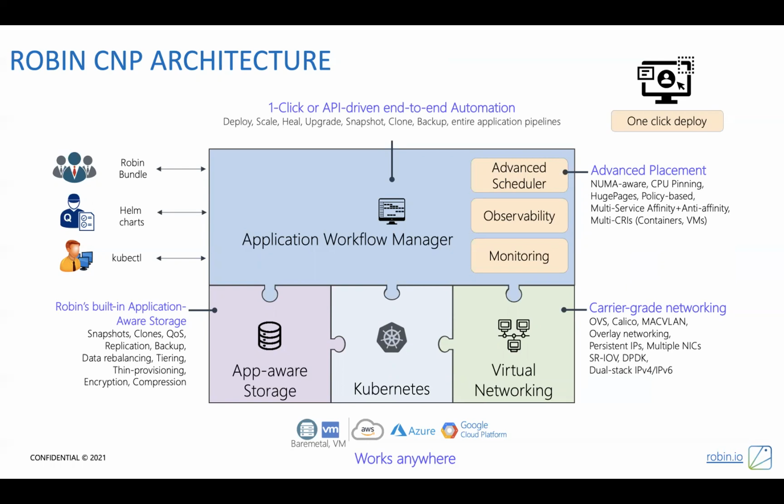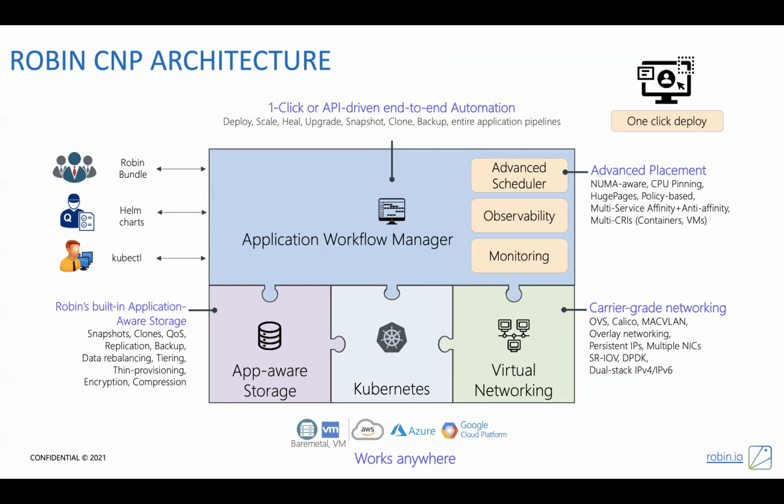First of all, on top of the open source vanilla Kubernetes, we introduced carrier grade networking. Carrier grade networking includes all the open source CNIs that are handpicked and required for operators to run their vendor applications.